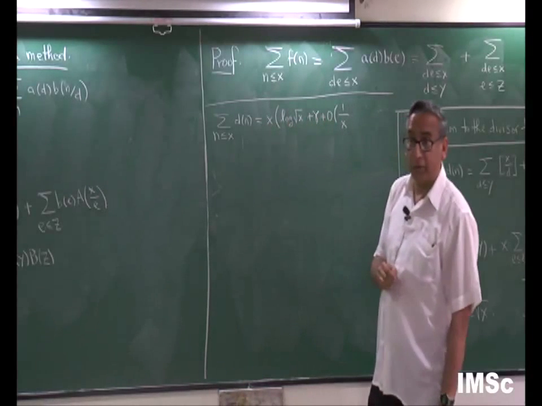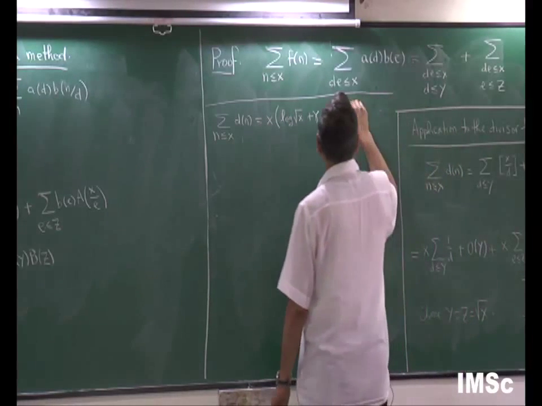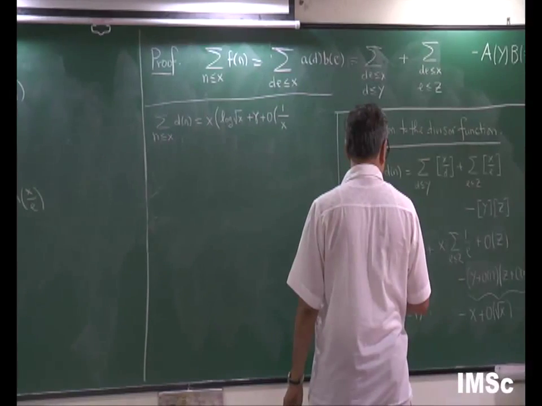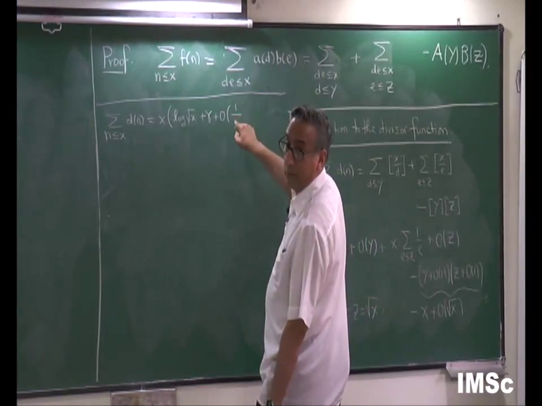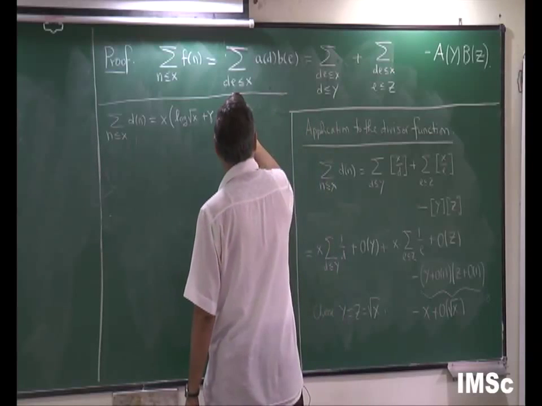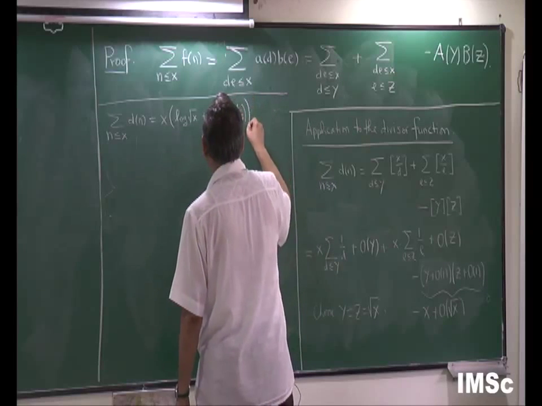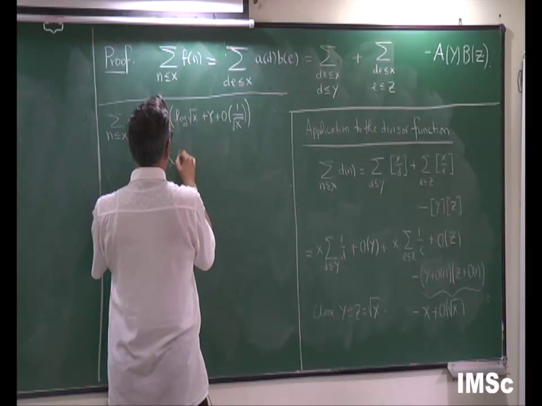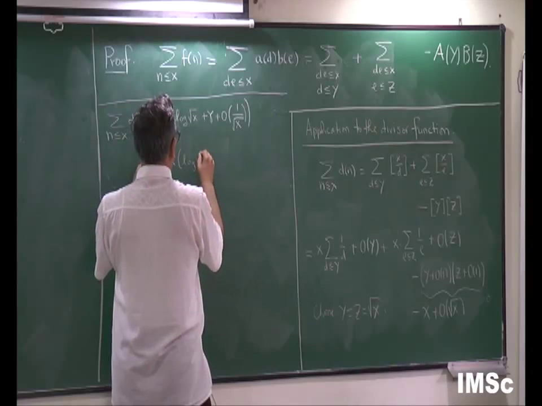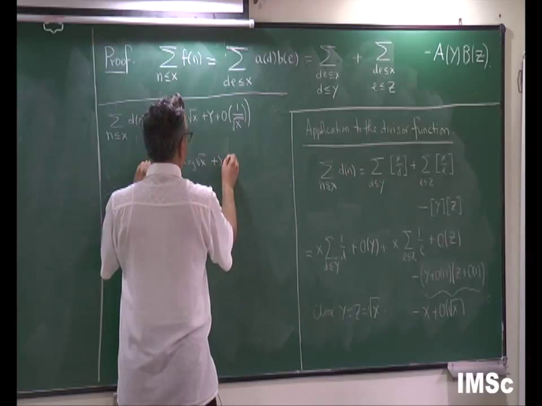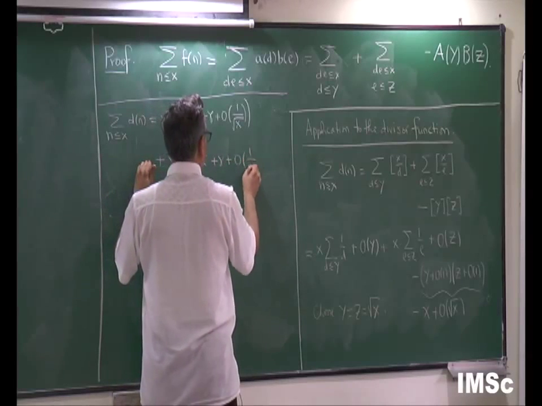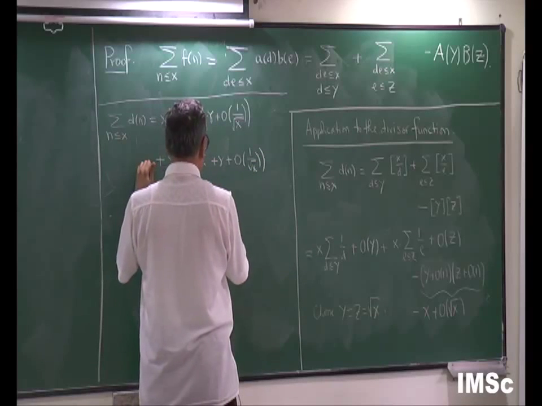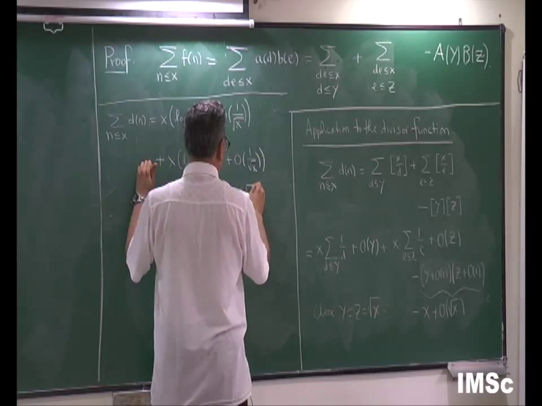Remember that formula we had? Oh, is it 1 over x or 1 over root x? D is less than or equal to root x now, so it's 1 over root x. Yes, thank you. And then the next term is x log root x plus gamma plus O of 1 over root x, minus x plus O of root x.